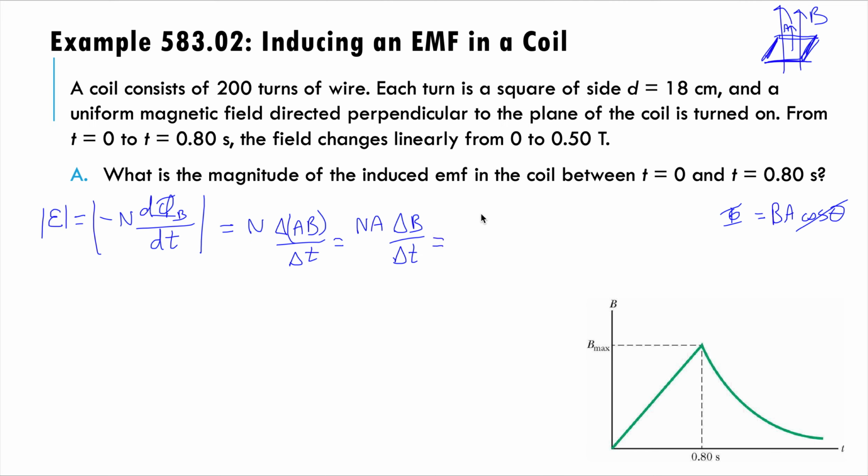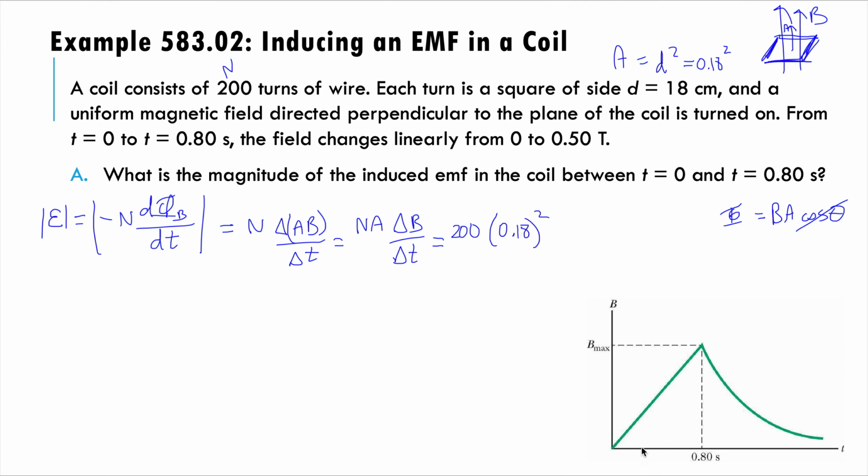And we can go ahead and plug in our values. The number of turns is the 200 here. The area, well, we have a square, so we know the area is going to be length times width, or d squared. So that's going to be 0.18 meters squared. Can plug that in. And then change in B per time.